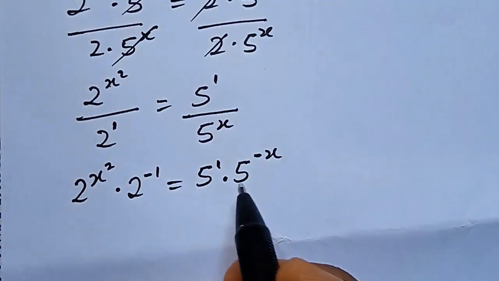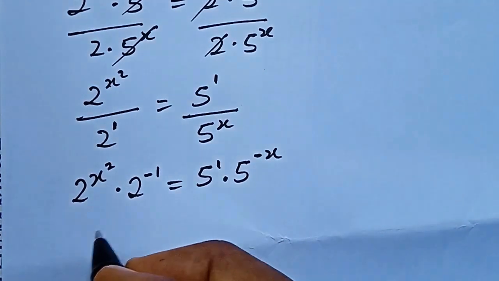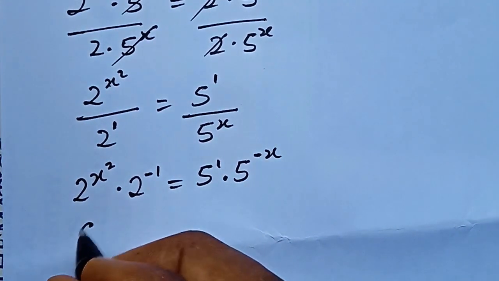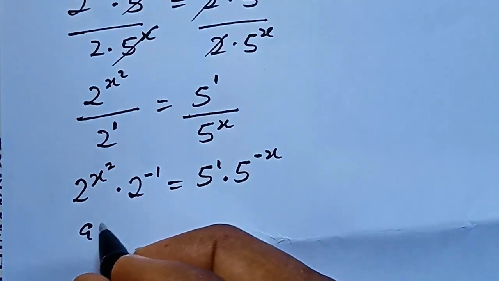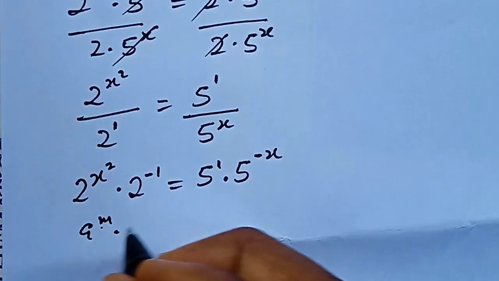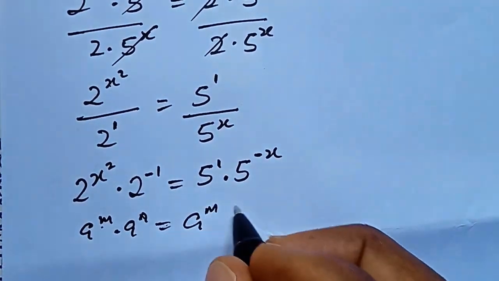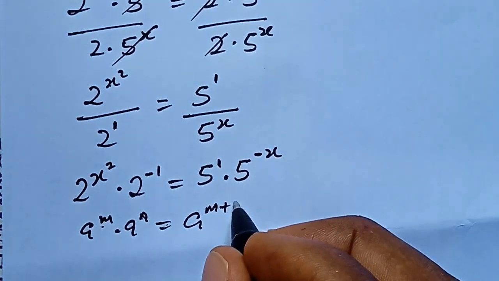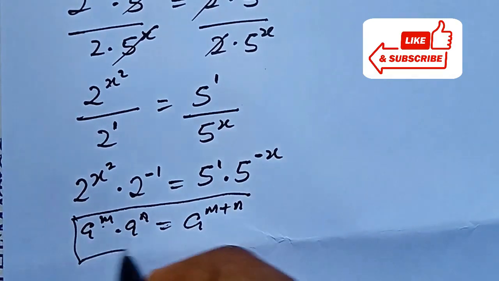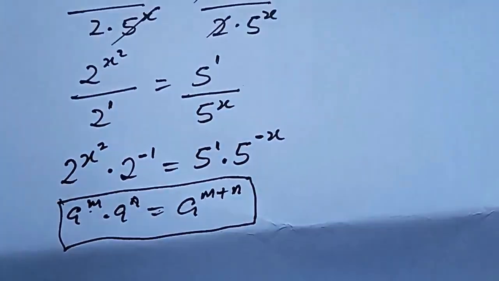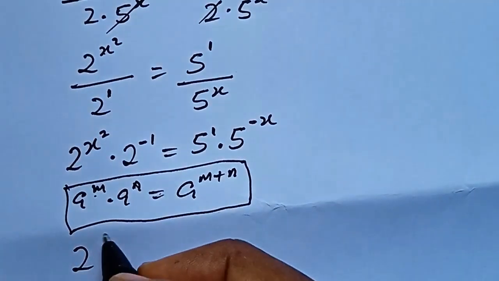Okay, and this can also be combined together using the rule of indices, which implies if we have base a power m multiplied by base a power n, it can be combined together as base a raised to power m plus n.